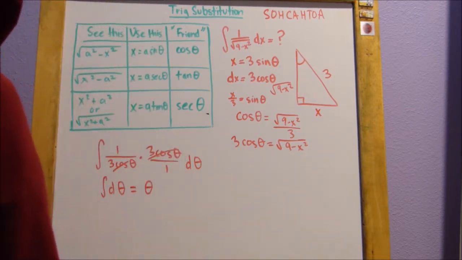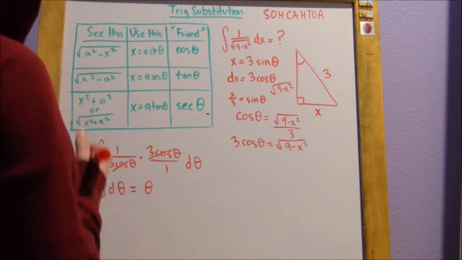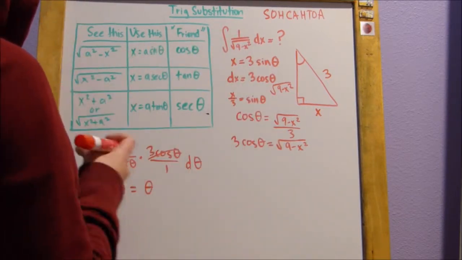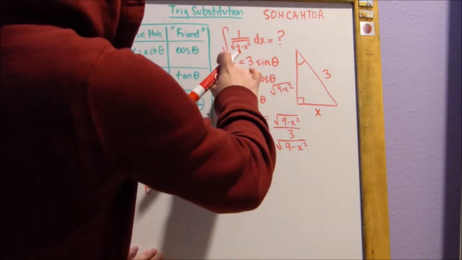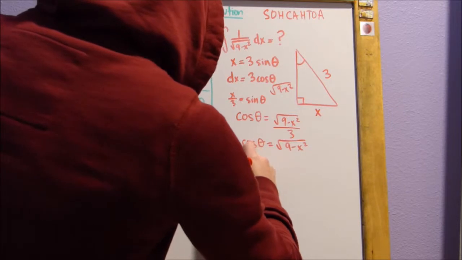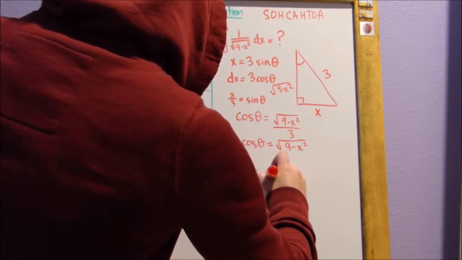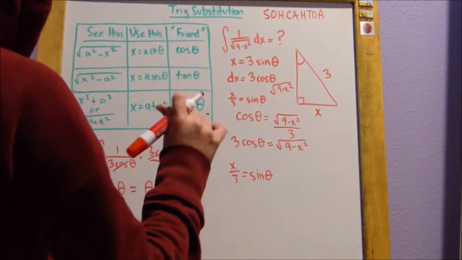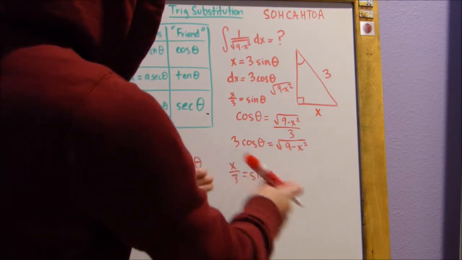But we can't just leave it as theta. We've got to make it into terms of x, right? So we're going to use arc sine. If we solve backwards from here, we get x divided by 3 equals sine of theta. And what we're going to do next is take arc sine of both sides.